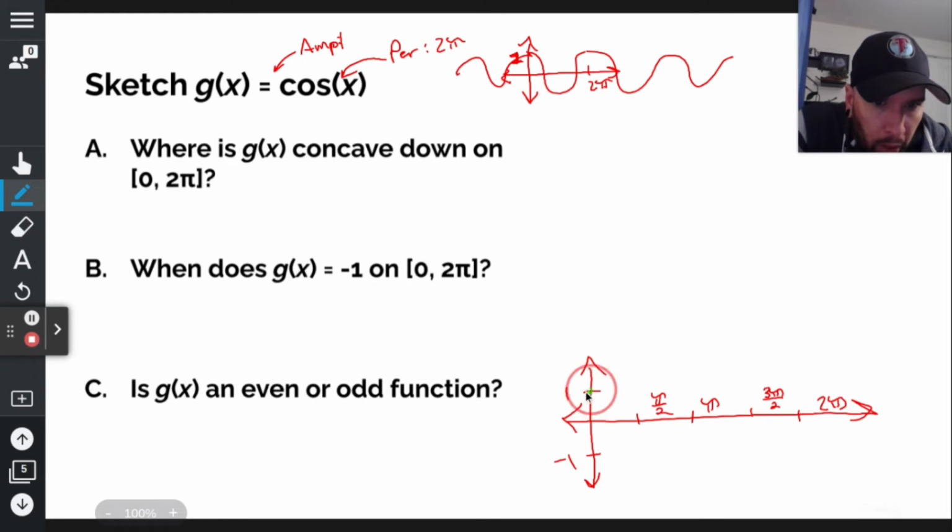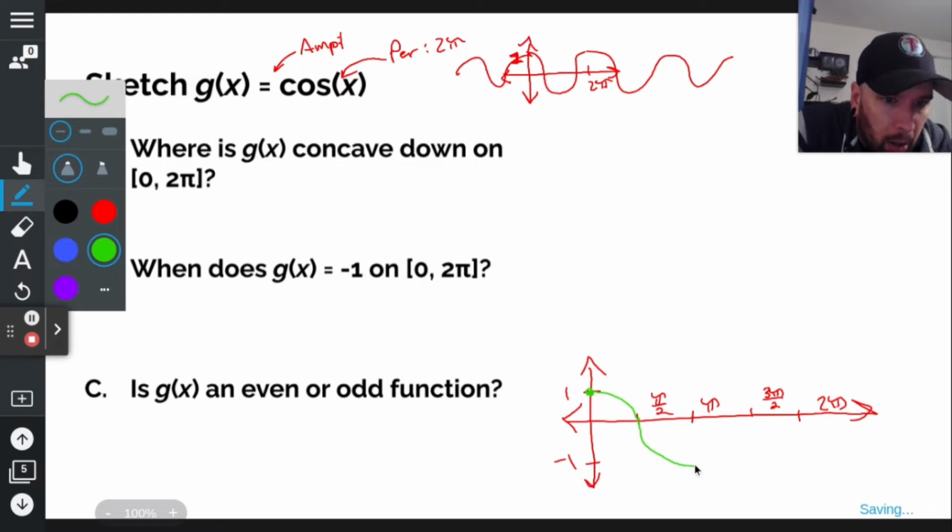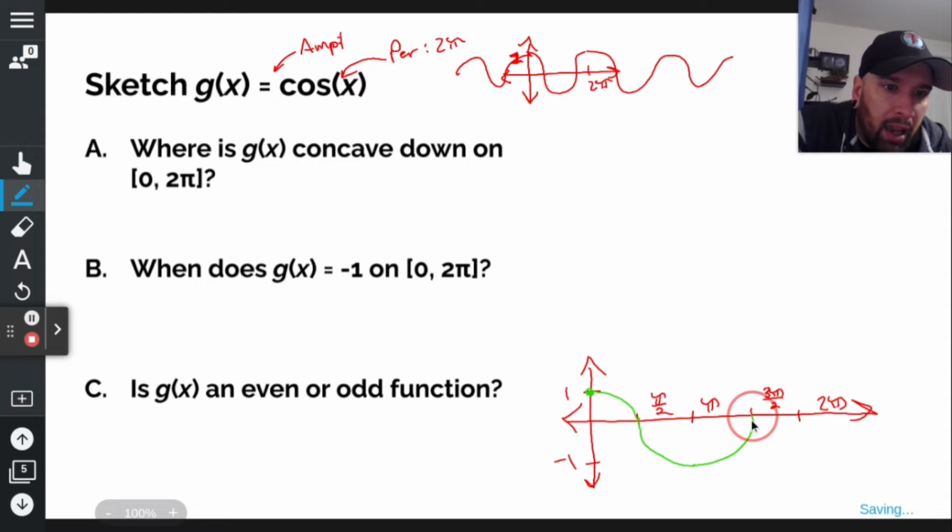Start out at 1. It's going to hit the x-axis at pi over 2. It's going to bottom out at -1. Then it's going to come back up and hit the x-axis at 3 pi over 2 and then repeat the process at 2 pi. So that's what cosine looks like, and again, it repeats.